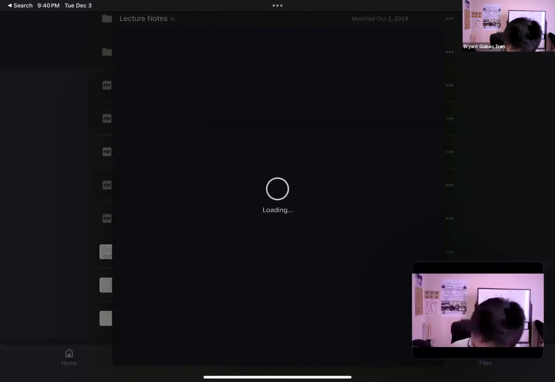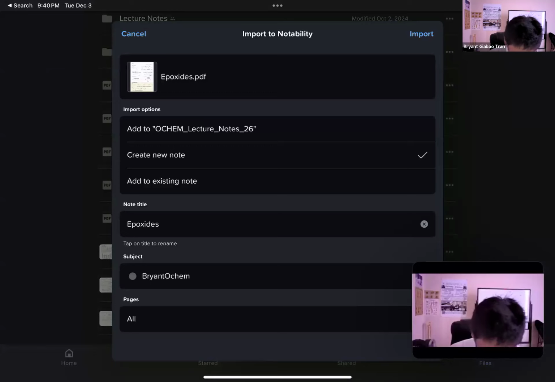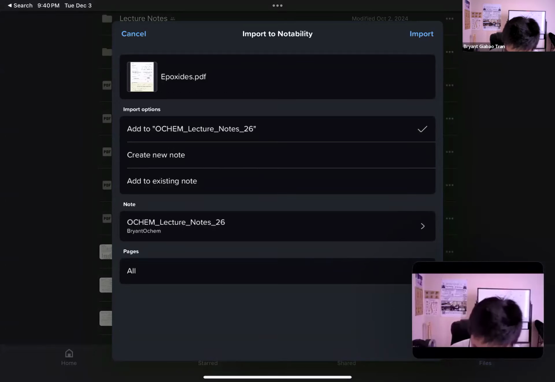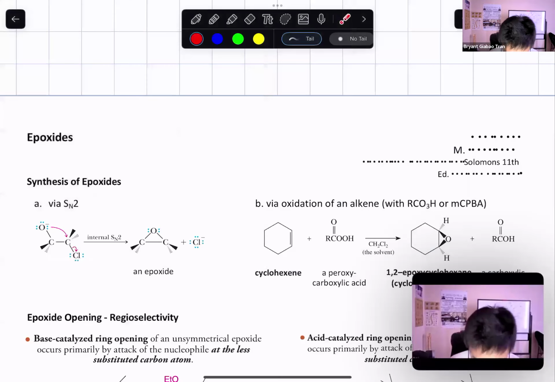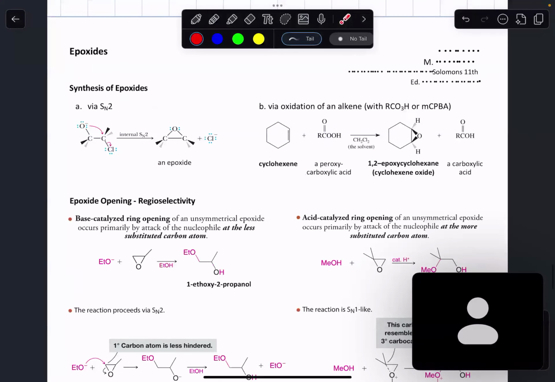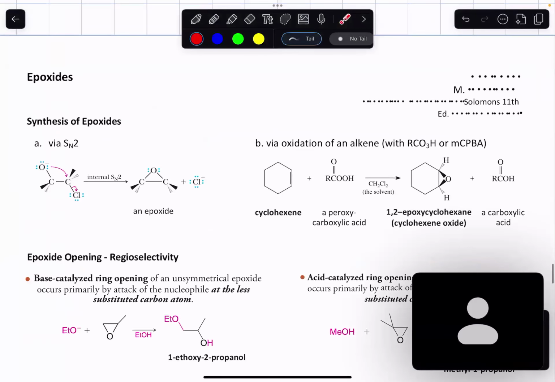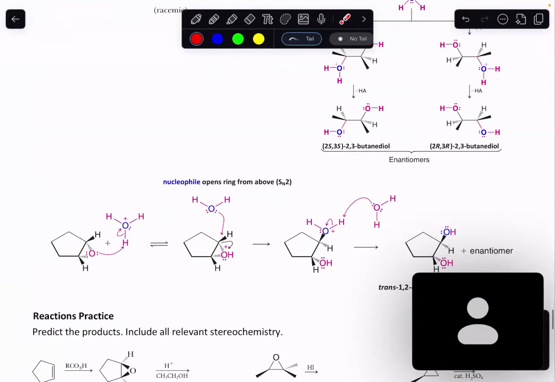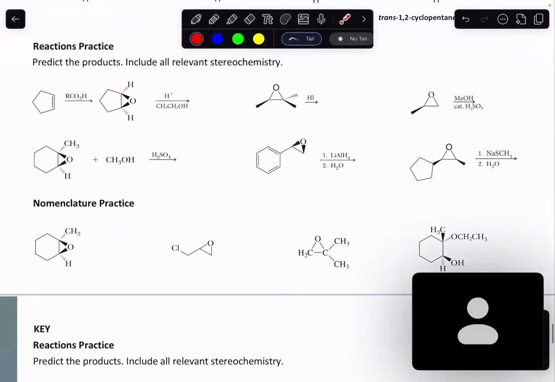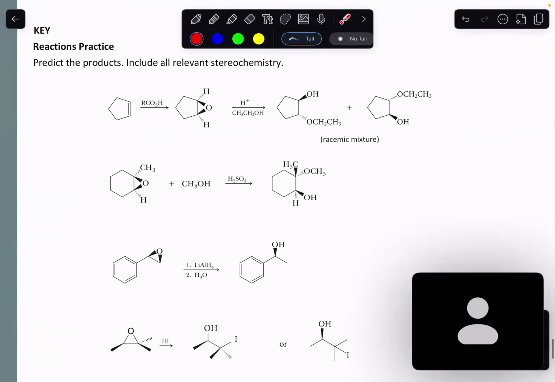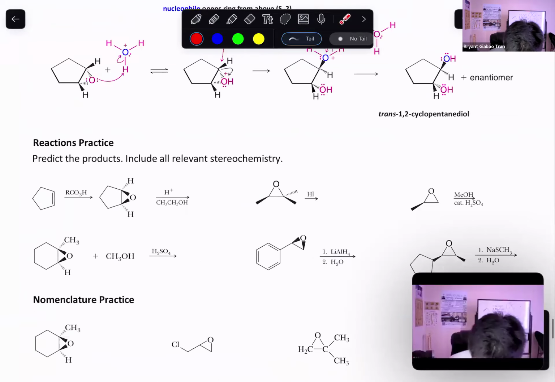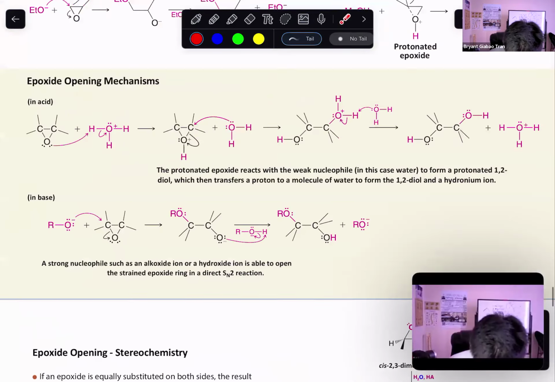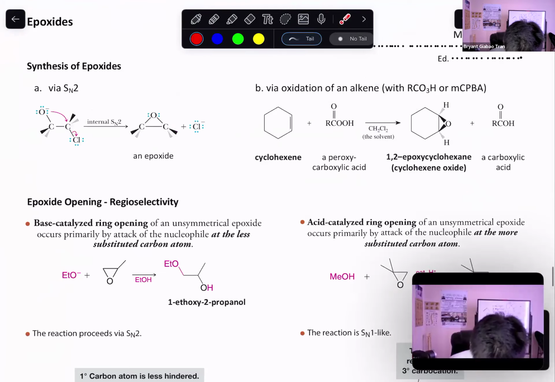Let's go over the practice problems, so then I can teach you the content through them. I feel like that's smoother than me teaching you from scratch, from the beginning. Okay, that's the key. This is the practice right here. This is the mechanism. These are the notes.